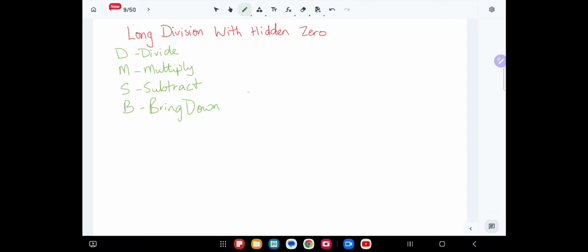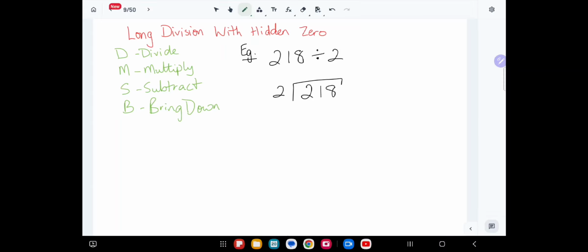Division with a hidden 0. Let's say we have 218 divided by 2. So we have 218 divided by 2.